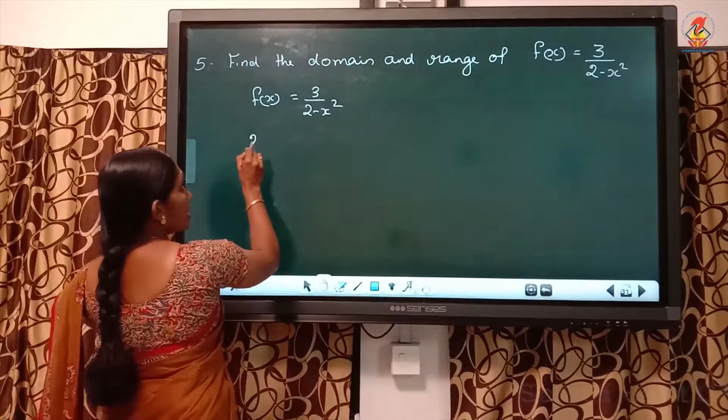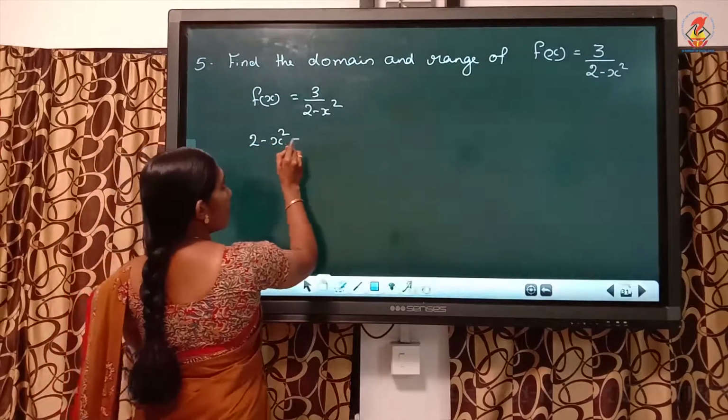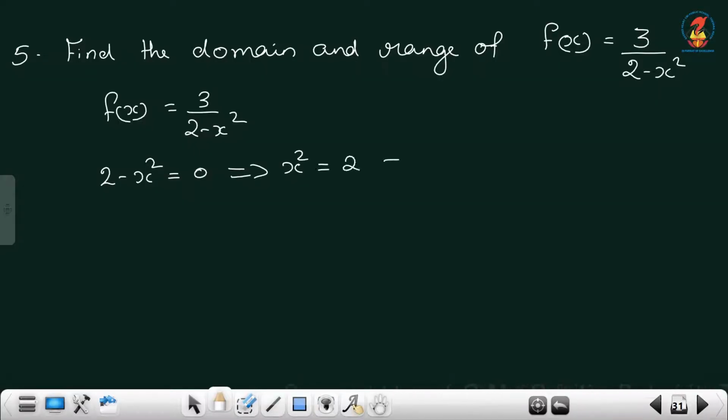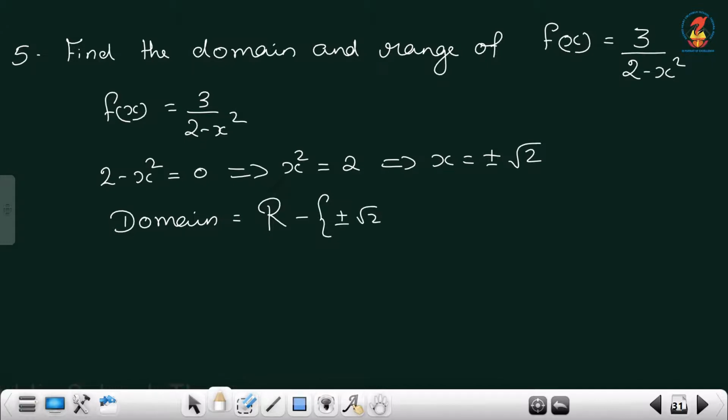Put the denominator equal to 0 and find the values of x. So x square is equal to 2, which implies x is equal to plus or minus root 2. Then what is the domain? Domain is equal to R minus plus root 2 and minus root 2. So that is the domain.